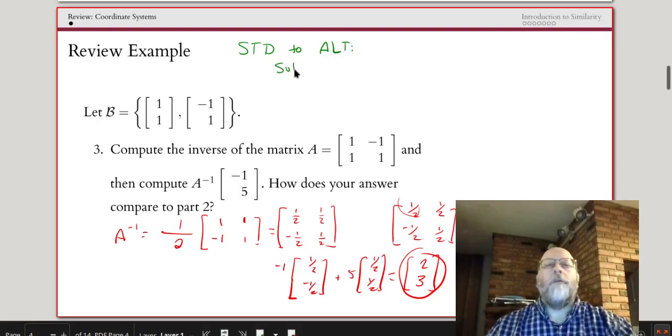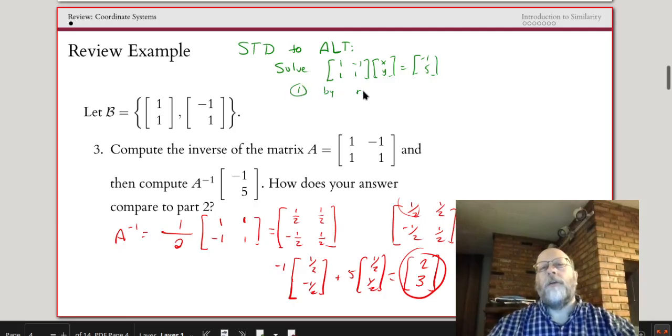We're going to solve by row reduction, or we can do it by multiplying the inverse of this matrix by negative 1, 5.